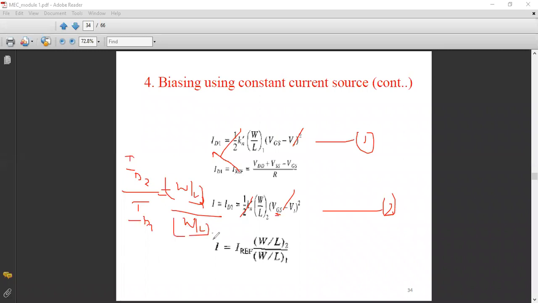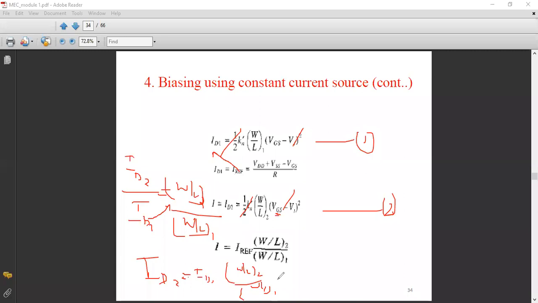That is the aspect ratio of Q2 divided by the aspect ratio of Q1. Then after cross multiplying, I will take this ID1 to the right side. Then we can write ID2 is equal to ID1 into W by L2 divided by W by L1.